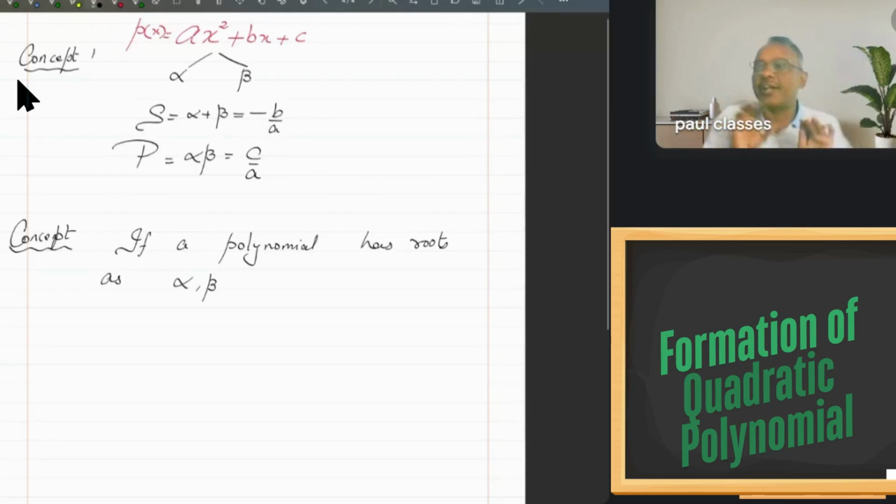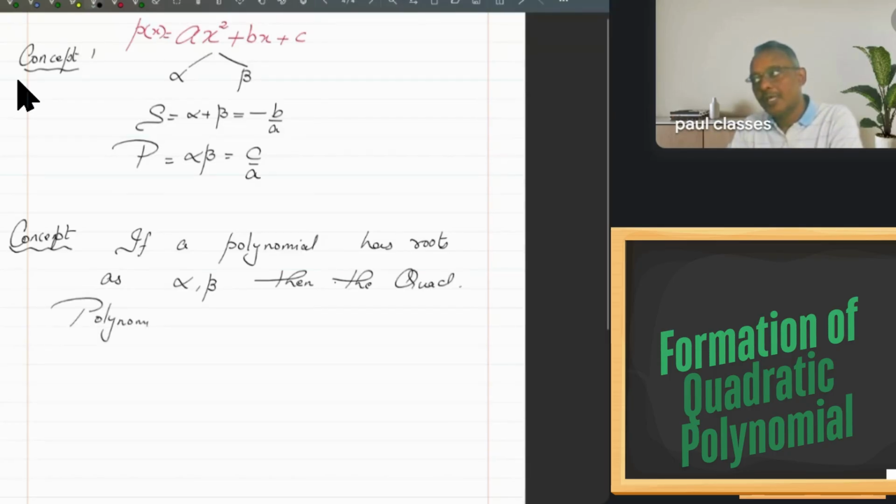So what is the quadratic polynomial? I am asking you, find the quadratic polynomial. Then the quadratic polynomial is given by x square minus sx plus p.